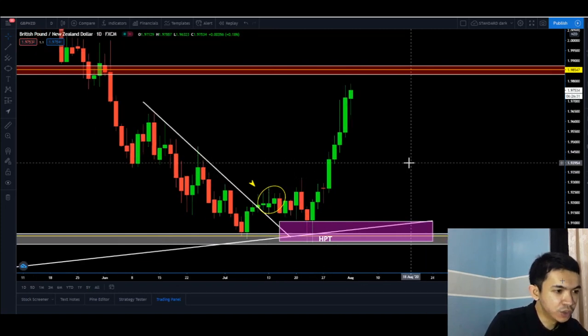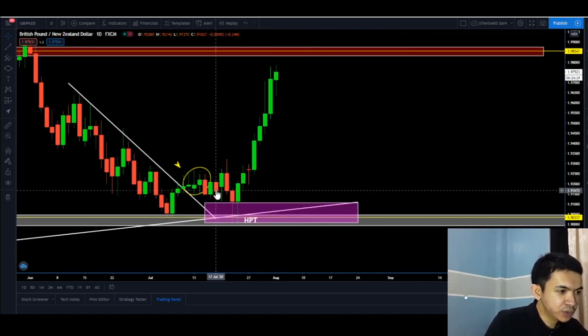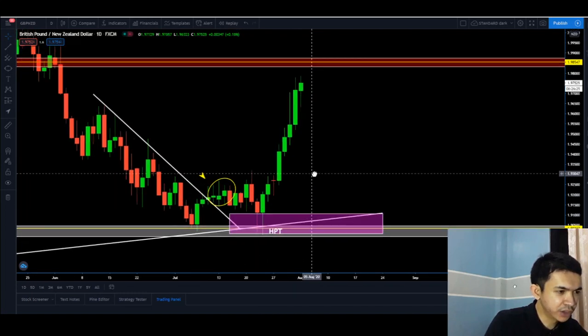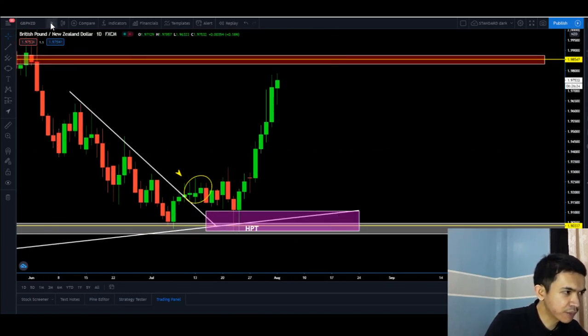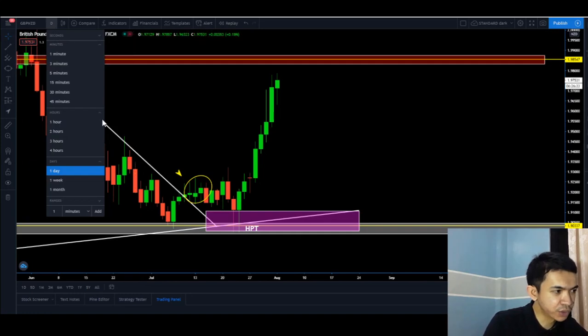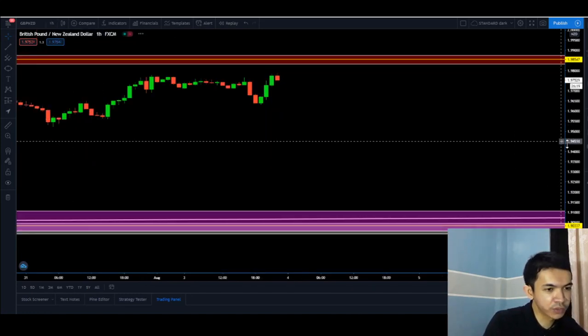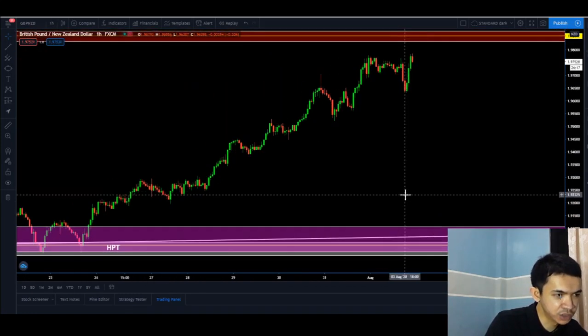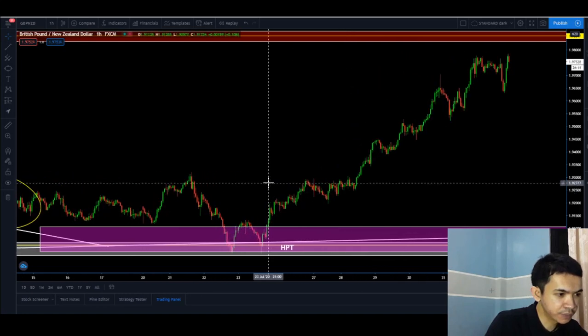So the best thing I can do is wait for it to return to my HPT, or high probability trade area zone. Right now, if I know the price returned, I need to go to a much lower time frame for a much better entry.